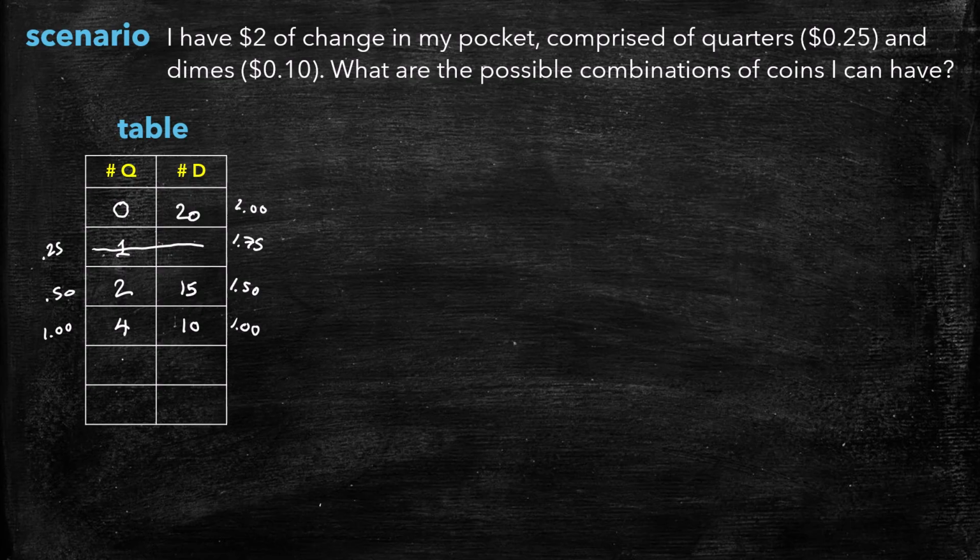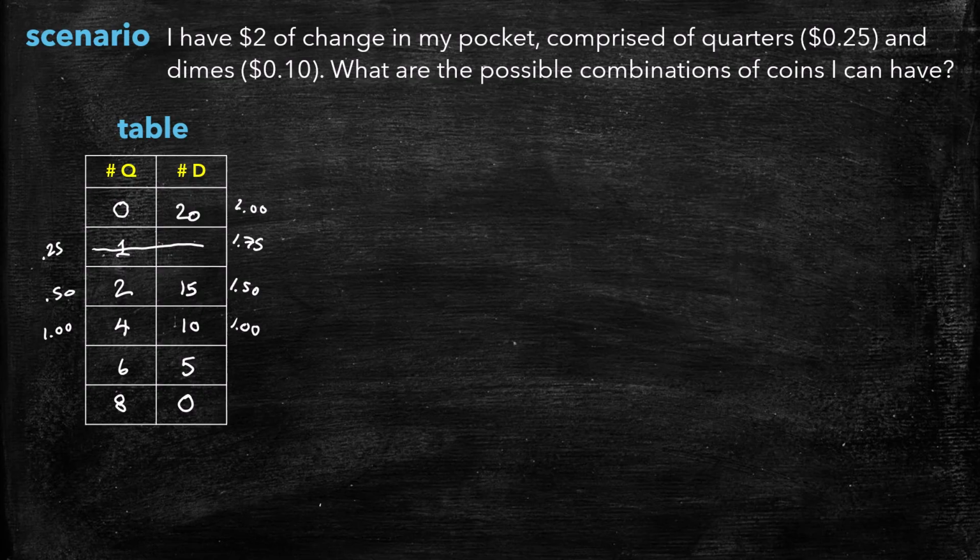And similarly 6, where I think we can see the pattern in the table, right? Every time you go up 2 in quarters, naturally, 2 quarters is 50 cents, you lose 5 dimes as a result. So that would be 5. And if I had 8 quarters, that would be $2. I'd have nothing left for dimes. So that table looks about right.